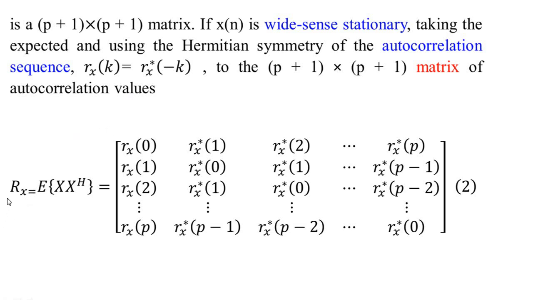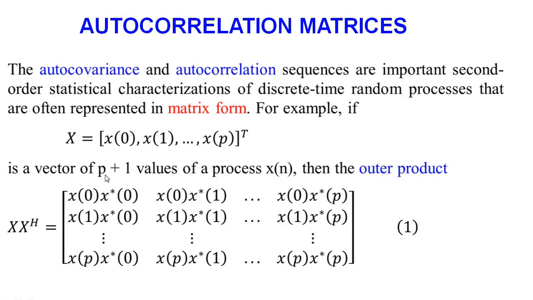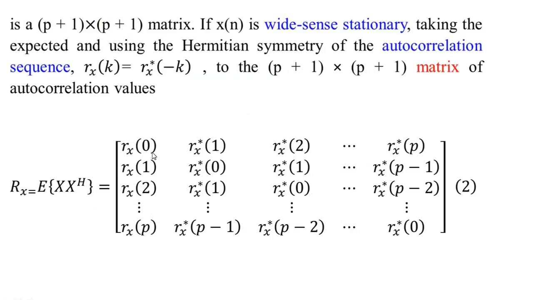So autocorrelation is defined as Rx of k equal to expectation of x into Hermitian of x. Applying the expectation, x of 0 into conjugate of x of 0 is nothing but r of 0 minus 0, which is r of 0.